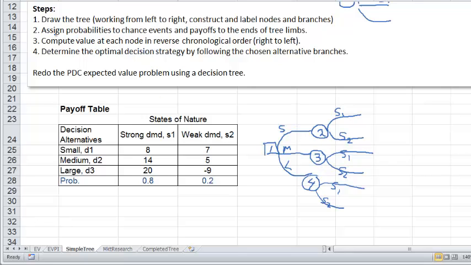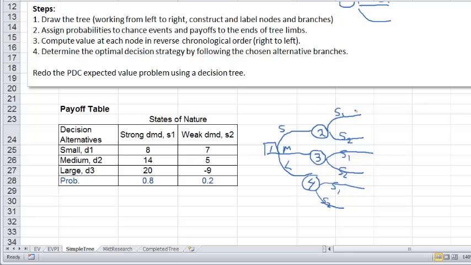Now let's go to the second step. We now assign the probabilities to chance events and payoffs to the ends of the tree limbs. So basically we're going to put the given data on the decision tree. Here, this is a point in time when everything has been done, and we actually see the final payoff. The payoffs are given here, so we just have to copy down these values.